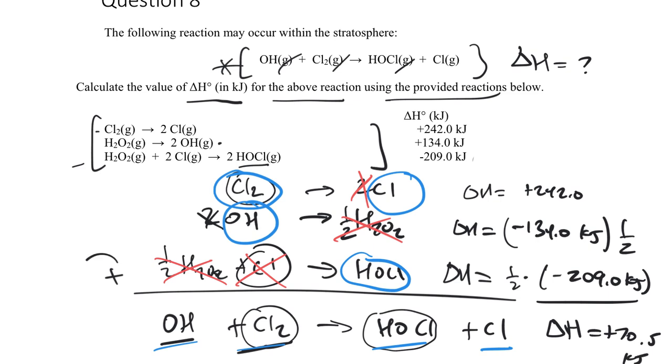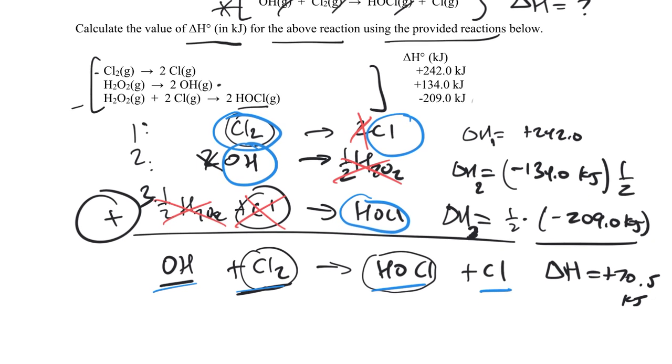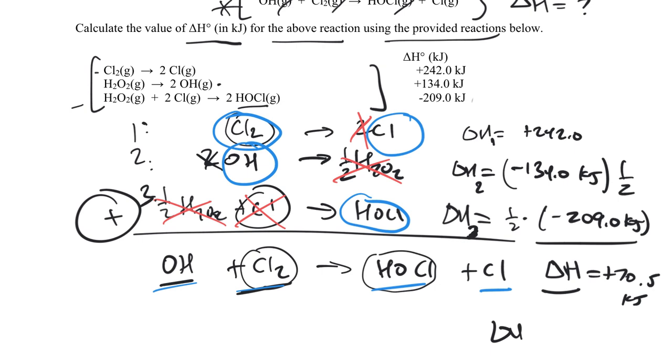So the idea is if you can add up these reactions, I'm just adding up reactions 1, 2, and 3 as I've re-edited them here, I can then add up their delta H's. So my delta H here was just the sum of delta H1 plus delta H2 plus delta H3.